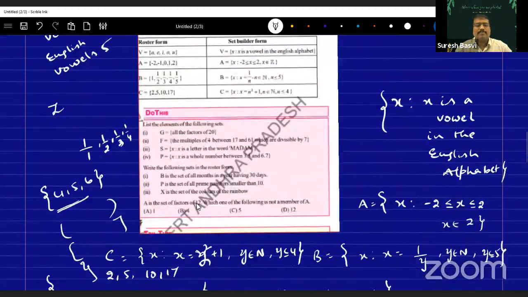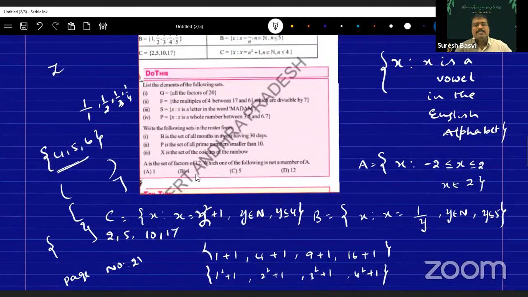So the last one. A is the set of factors of 12. Which one of the following is not a member of A?